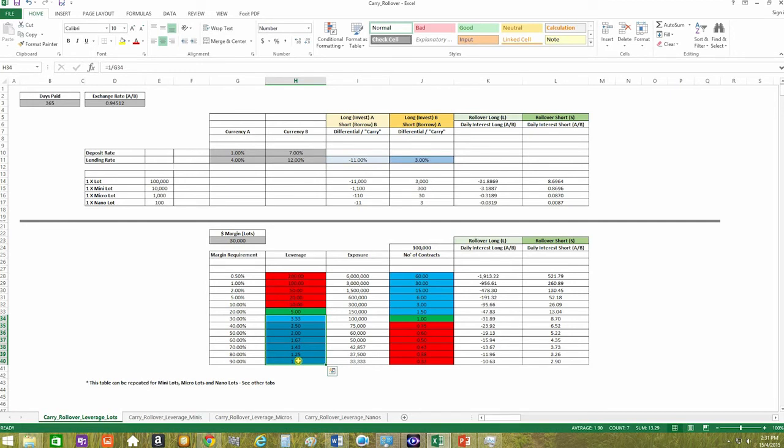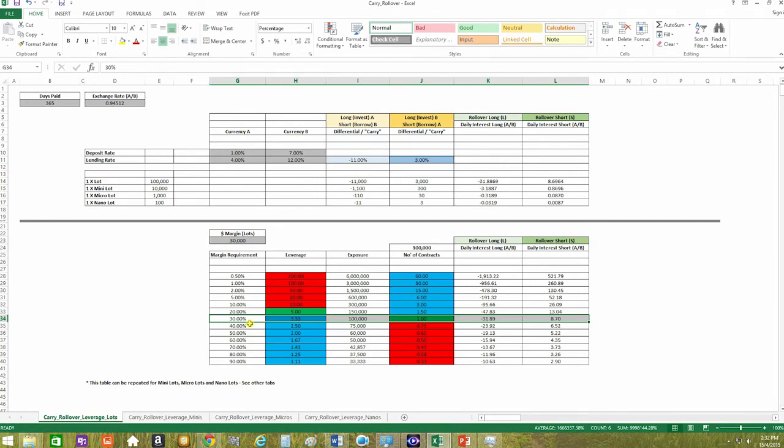This is where we have a margin of safety, where if we actually put these trades on and we get paid a credit to our trading account, the currency pair would still have to move by 33% for us to be wiped out, which is very improbable.